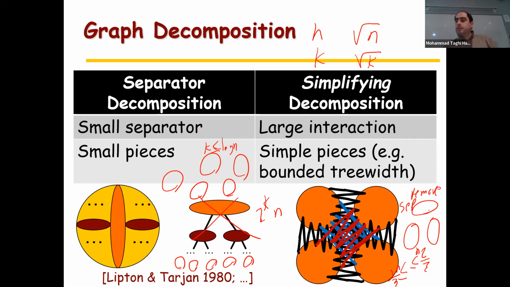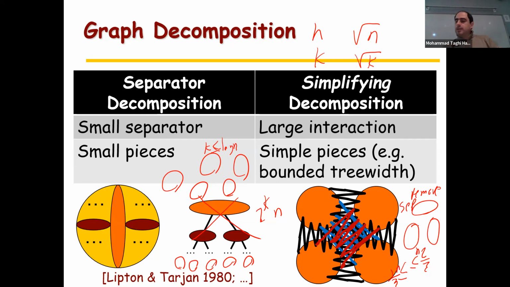So when we remove the separator, the size of them should be between 1/3 and 2/3, for any connected components. Okay, so the graph becomes disconnected. It should become disconnected, yes. Each connected component should satisfy that.